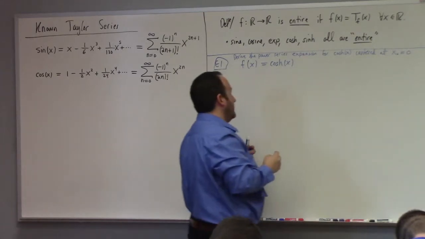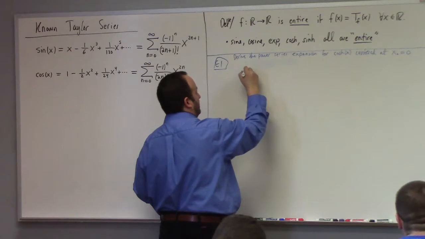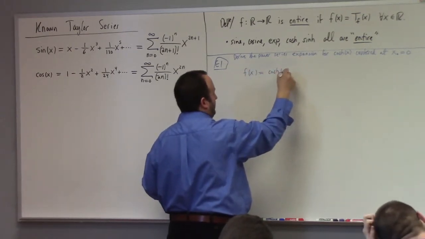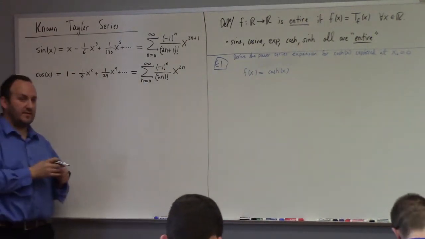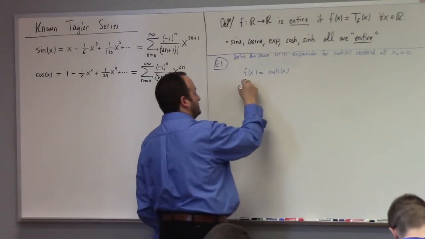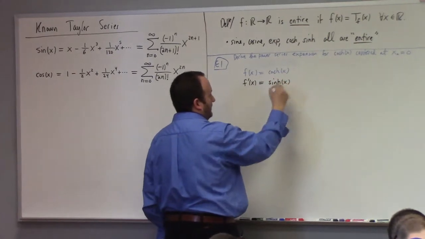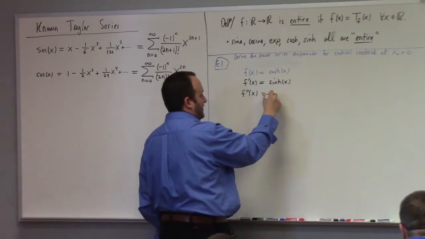In order to do that directly, I just need to look at the function and its derivatives, and evaluate them at 0. Let's see here. What's f prime of x? Sinh of x. What's f double prime of x? Cosh x. This is kind of boring.